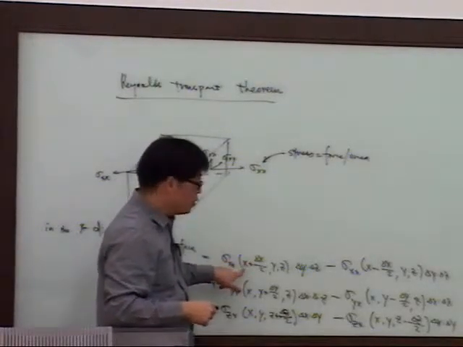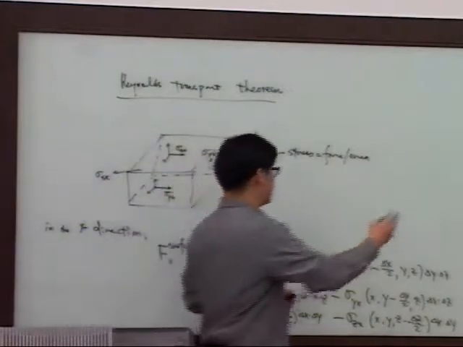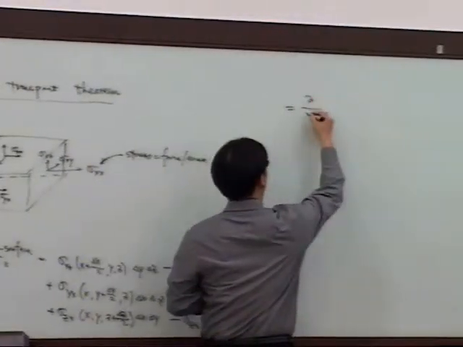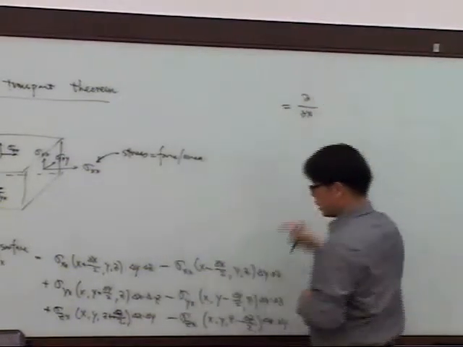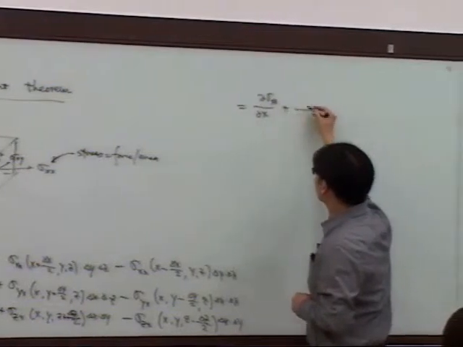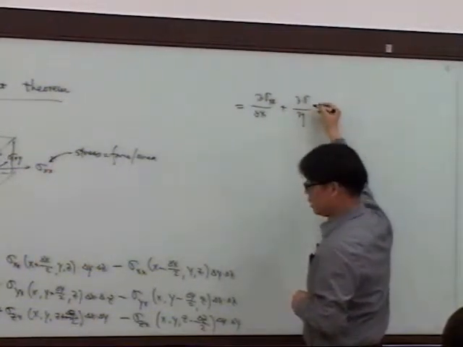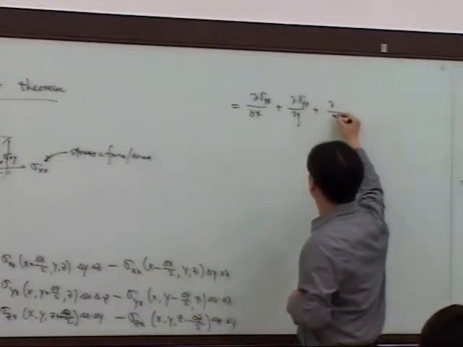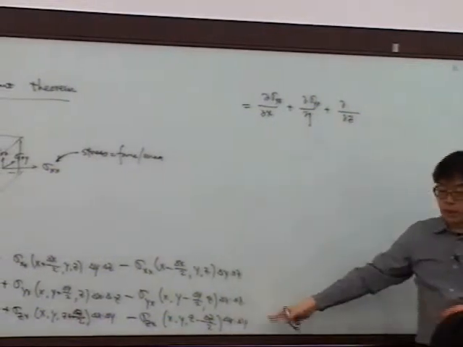So once again, I can use Taylor expansion, and then I end up with, so I have to take an x derivative, and then I have to take a y derivative. You can do the Taylor expansion.